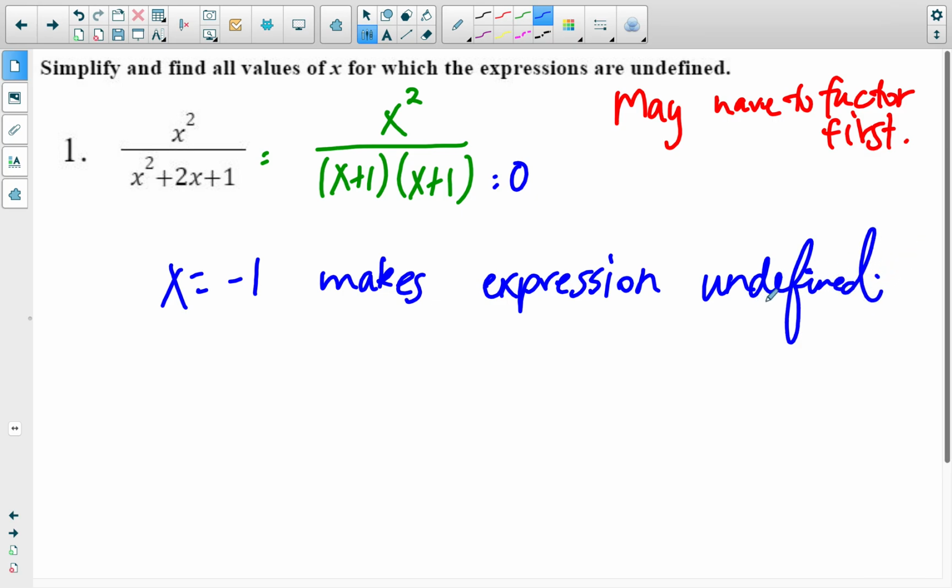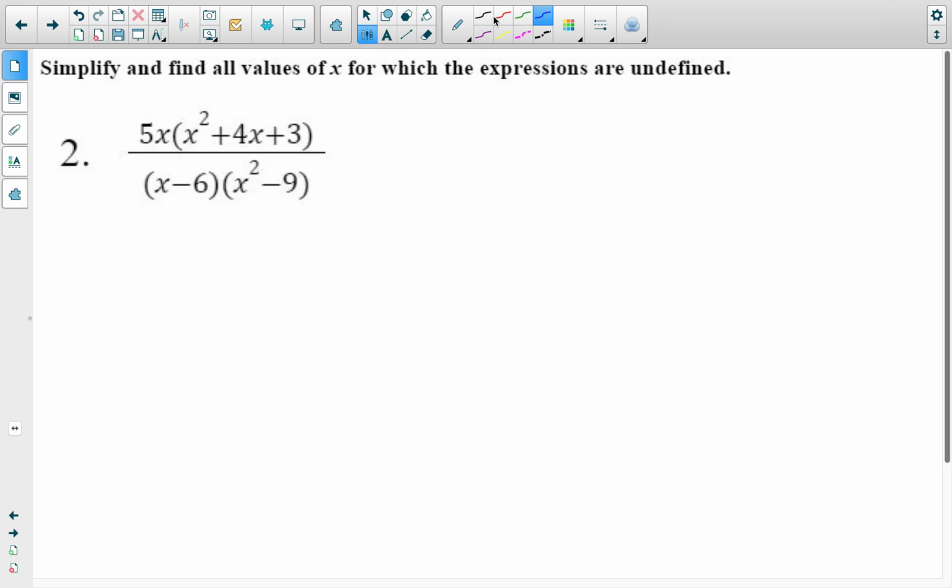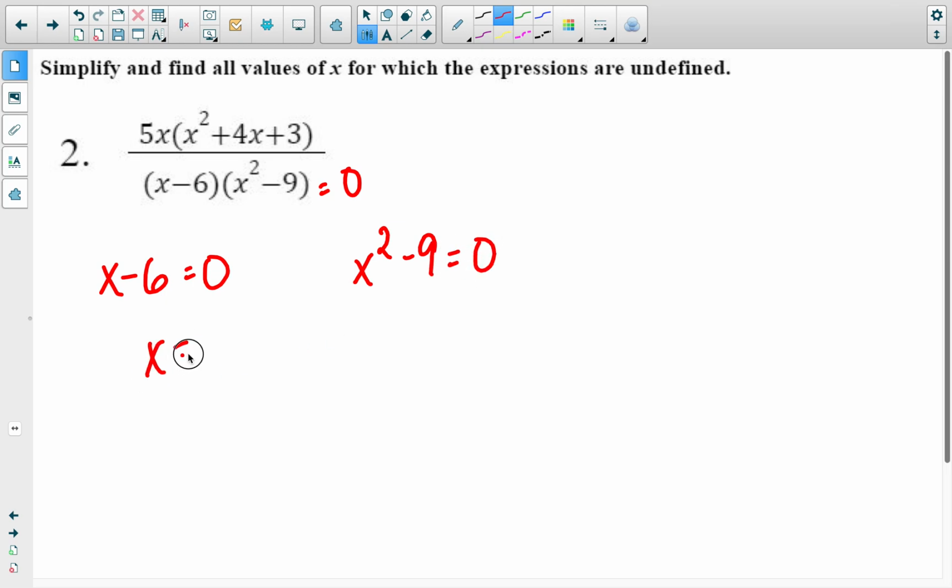Okay, set your denominator equal to 0, remove those values. What about this one? Just set your denominator equal to 0, okay? x minus 6, x squared minus 9. That means that x equals 6.